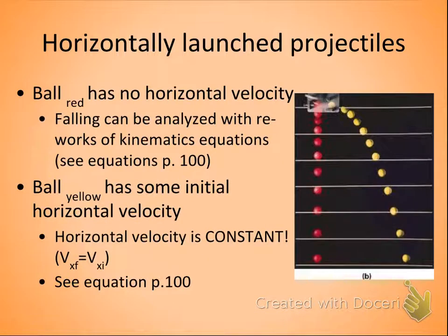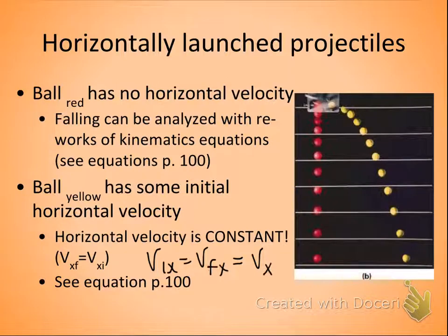So we said that the red ball has no horizontal velocity, and we just treat it as a simple free fall problem. Even though the yellow ball has an initial horizontal velocity, it doesn't have any acceleration on the x-axis. So its velocity on the x-axis is fixed, it's constant. Therefore, V_ix equals V_fx equals just plain old V_x.